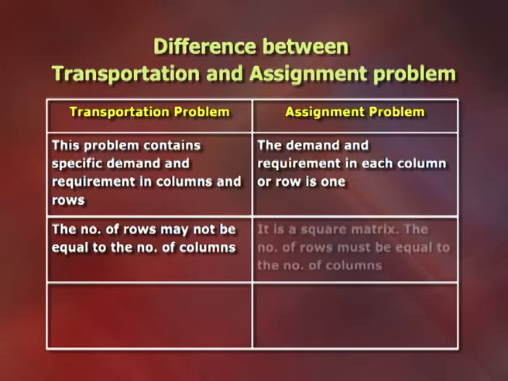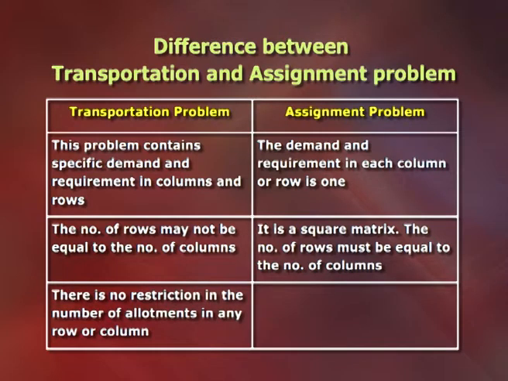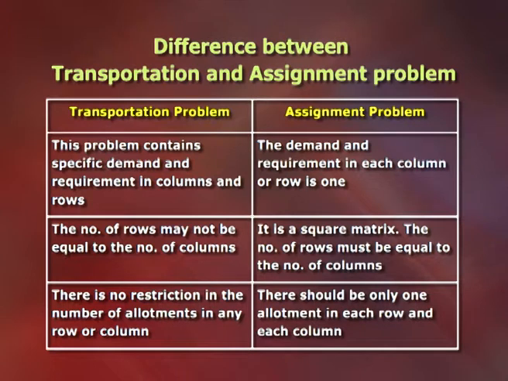Assignment problem: it is a square matrix. The number of rows must be equal to the number of columns. Transportation problem: there is no restriction on the number of allotments in any row or column. Assignment problem: there should be only one allotment in each row and each column.